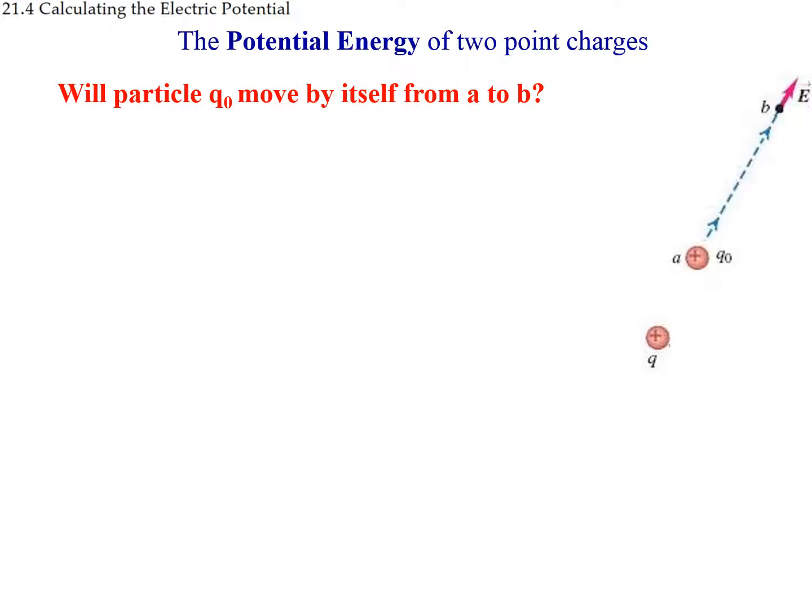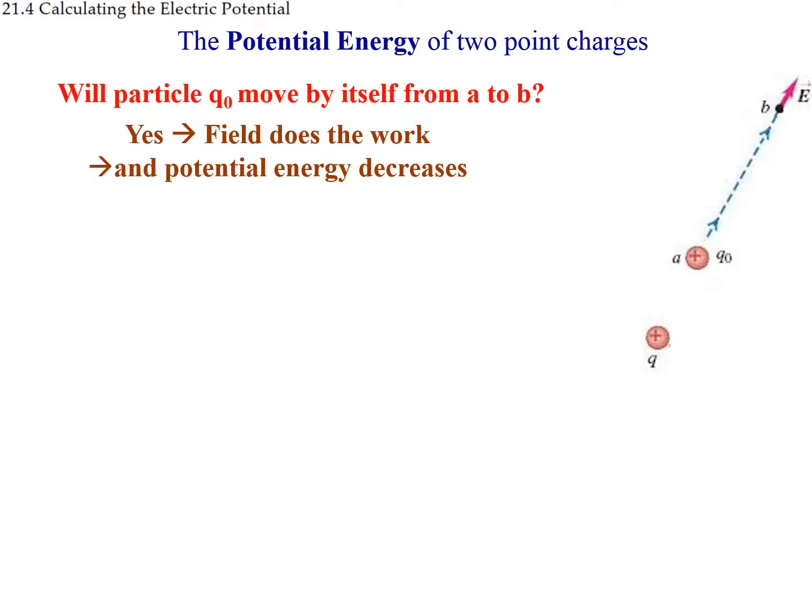And the answer is yes, of course, because it doesn't want to be close to this other charge, and there's a repulsive force between the two, which is going to push it that way, and it will at some point pass through B. So the answer is yes, which means that the field, not us, is doing the work. And of course the potential energy decreases because it will do it by itself, so it is just decreasing the potential energy.